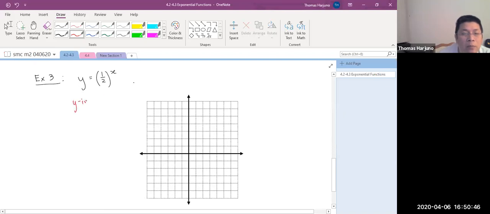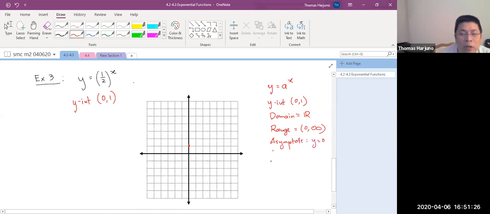The y-intercept is when x equals 0, the y is 1, right? Still. For the basic function y equals a to the x, the y-intercept will be (0, 1). The domain is all real numbers. The range is from 0 to infinity. The asymptote is y equals 0.